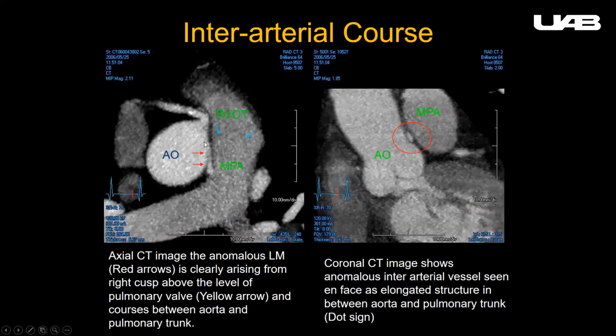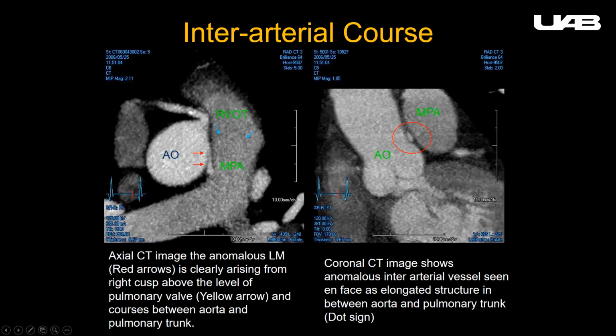The most important thing in these patients with an interarterial course is the origin, which is often oblique and slit-like. If you look on the coronal image, it is elongated, slit-like, and thin. If you do retrospective gating, this vessel gets very much compressed, leading to symptoms in these cases.